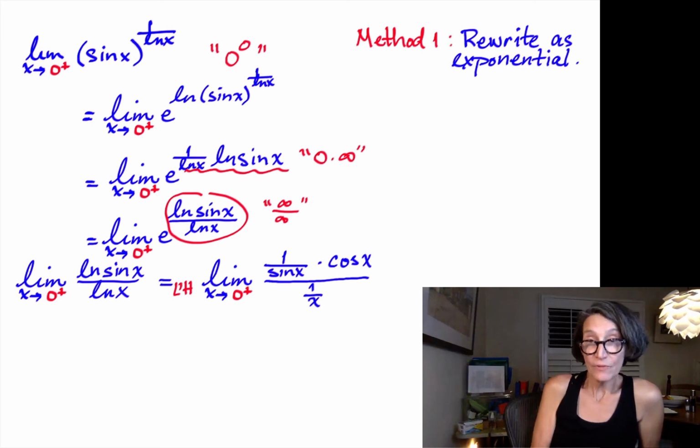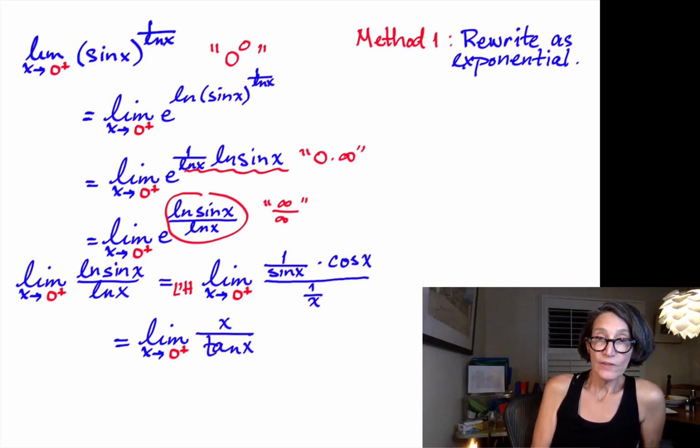Now we can simplify all of that, and we get the limit as x approaches 0 from the right of x over tangent of x. And now we see that we have an indeterminate form 0 over 0. So we can use L'Hospital's rule again.